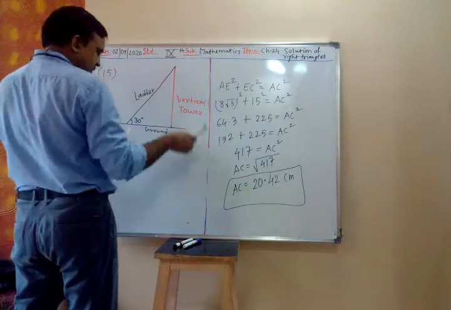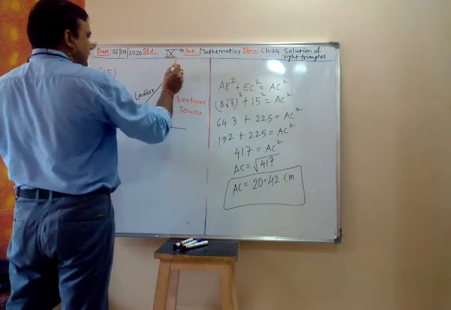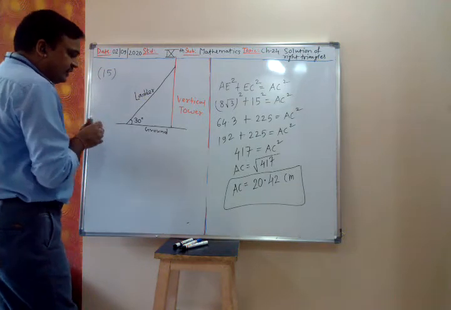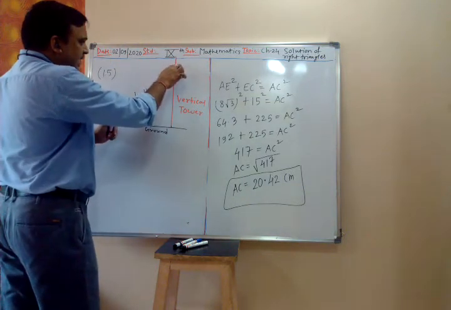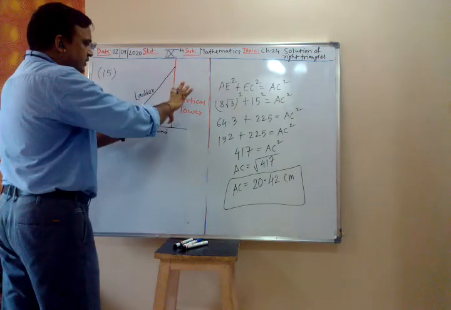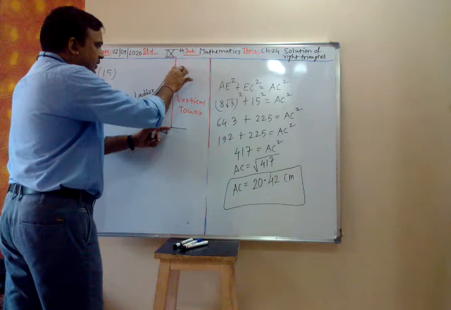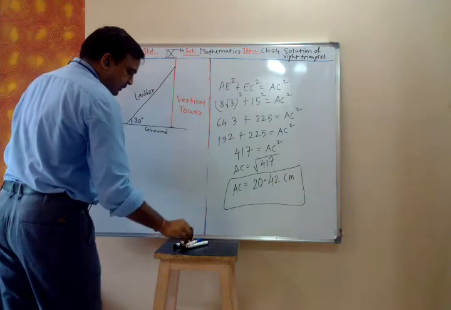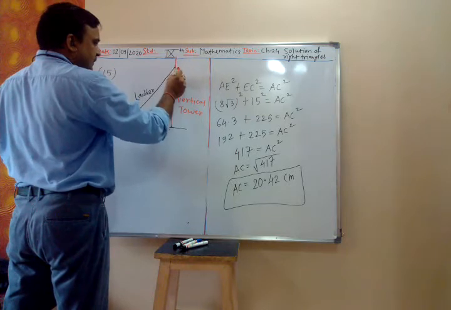So see here, let me extend this, no problem. Tower is bigger. Now this ladder reaches the height of 15 meter of the tower. So from the ground, the height of the tower where the ladder reaches is 15 meter. So this much distance is my 15 meter.